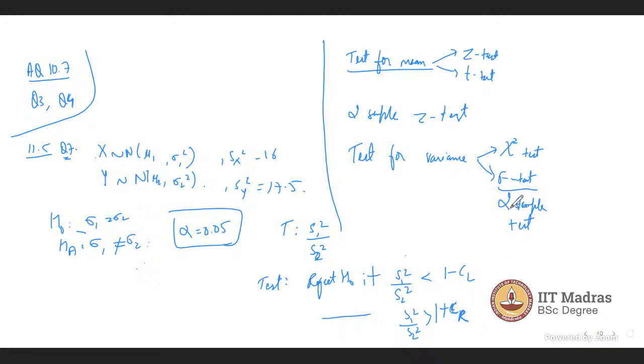And combining both, since this is a two-sided test, it should be alpha. So each one of them becomes alpha by 2.